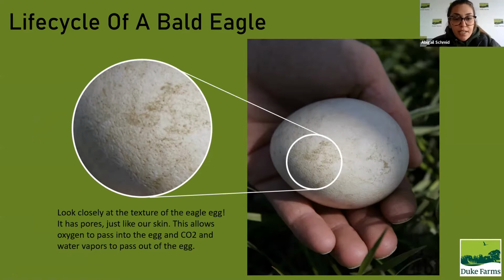So look closely at that texture, okay? Like right around here. And those pores, just like our skin has pores, those pores allow oxygen to pass through the eggshell from the outside of the egg, right? And then CO2 to pass outside of the egg. So there's oxygen coming in, CO2 going out. So those pores are really important for that little chick that's growing inside that egg.